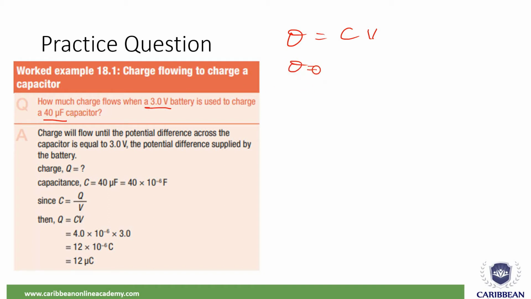So Q is now equal to the capacitance, which is 4 times 10 to the minus 6, times the voltage, which is 3 volts. We can now get a value to say that our charge stored is 12 microcoulomb. All right. So that solves this particular question.